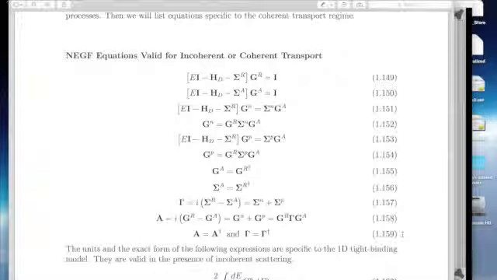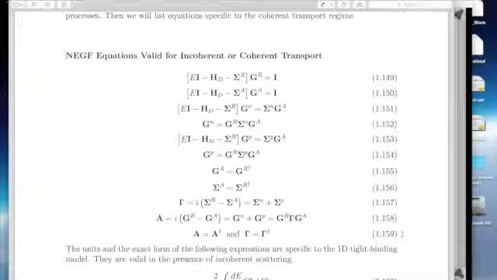So for example, all these, 149 through 159, all those equations are completely general. And if the self-energies represent both the contacts and some incoherent scattering process, then this is still the same form of the equations.